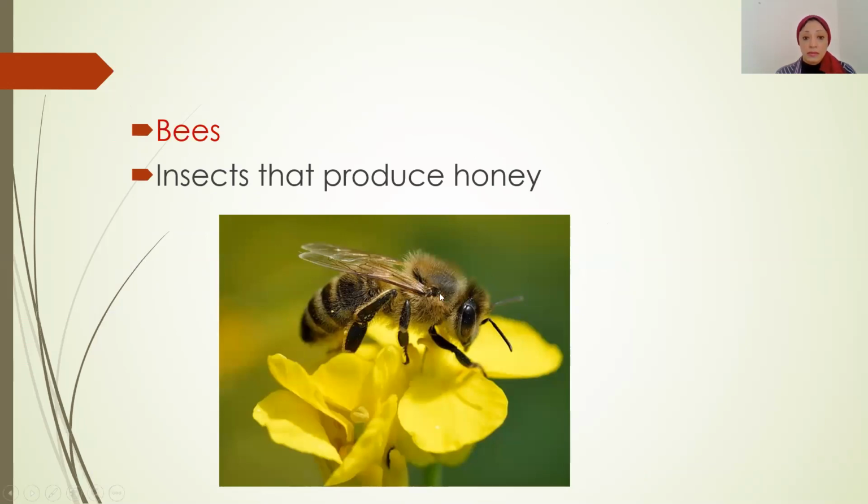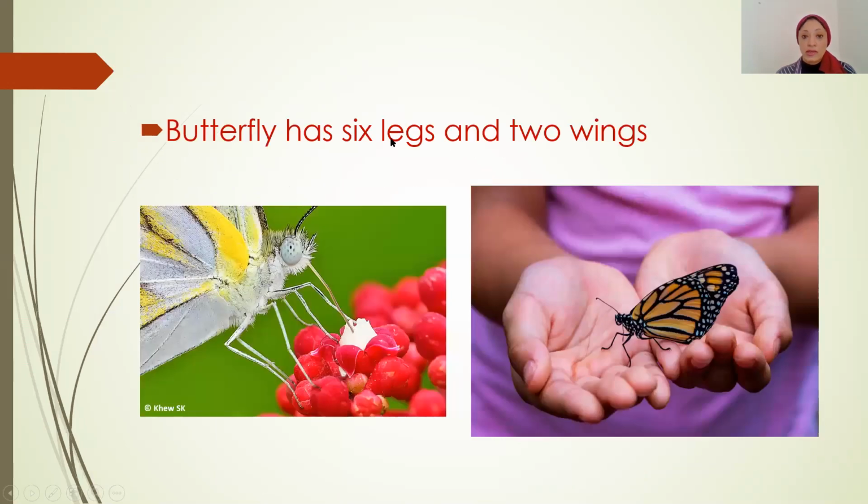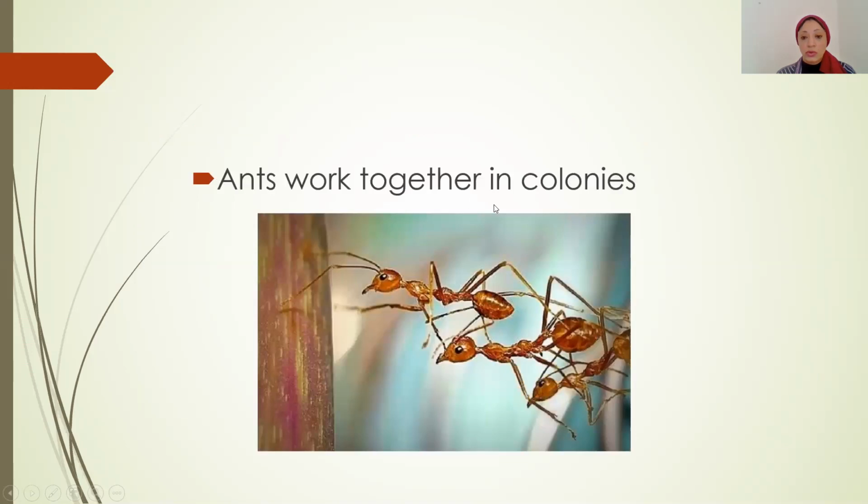The bee produces honey. The butterfly has 6 legs and 2 wings, and as you see, it has colored wings, not like the bee. Ants work together in colonies. Some of the ants have wings and others are without wings.